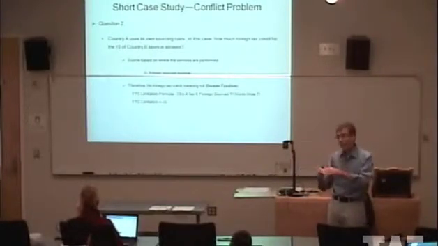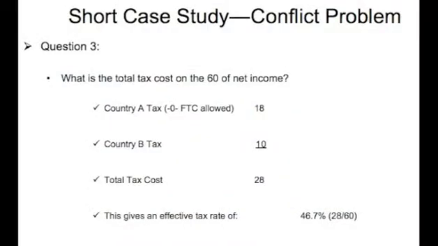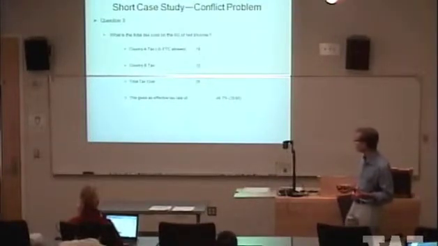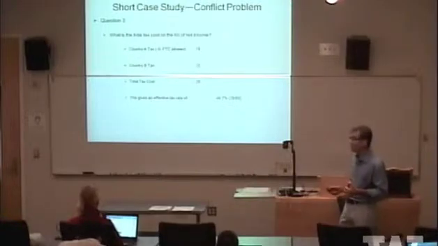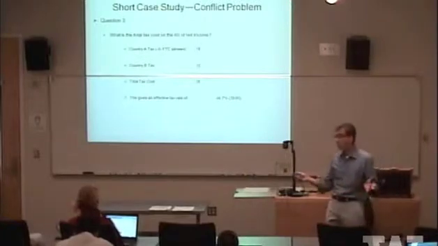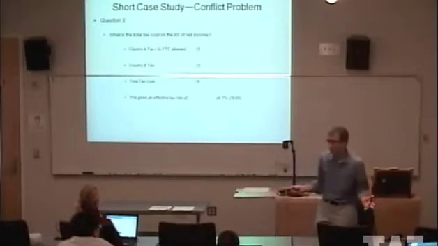Limitation amount is 0, actual tax paid is 10, foreign tax credit allowed 0. So what is our total tax cost? Country A taxes 18. Country B, 10. Total tax cost of 28. And that gives an effective tax rate of close to 50%. Again, like with our example 2 weeks ago, gee, that's a terrible result. Terrible.